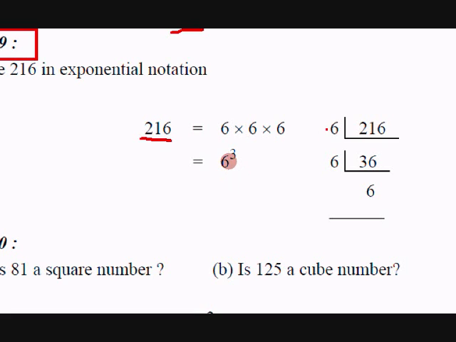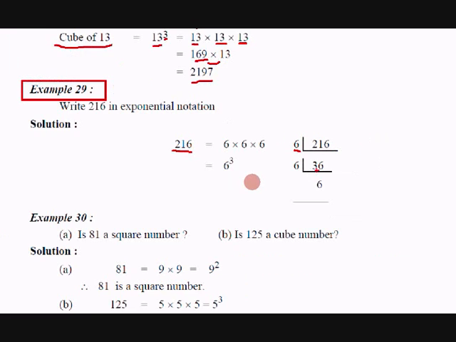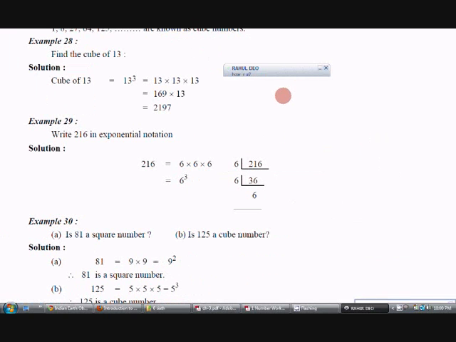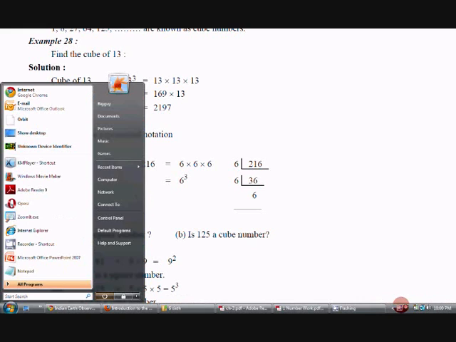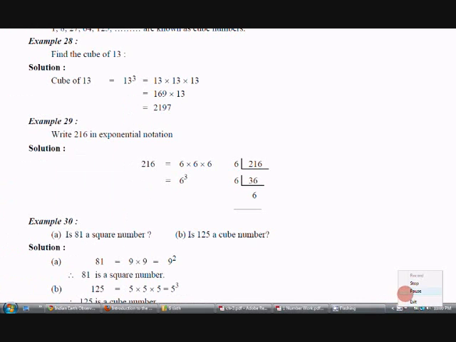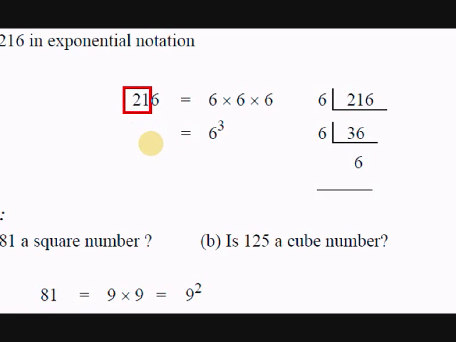First we try other things, but we take the number 6, you get 36. So in a way we say 216 can be written as 6 into 6 into 6. That's what we saw, right?